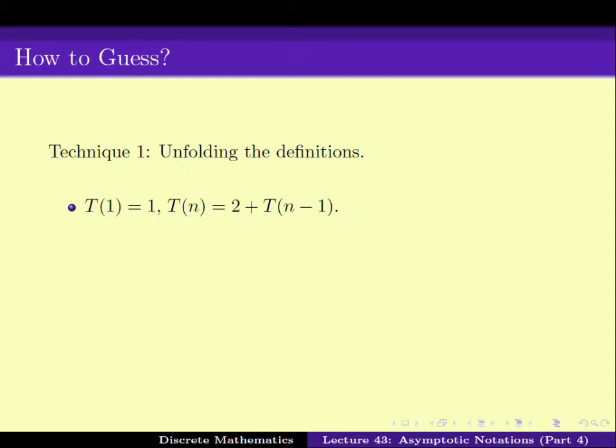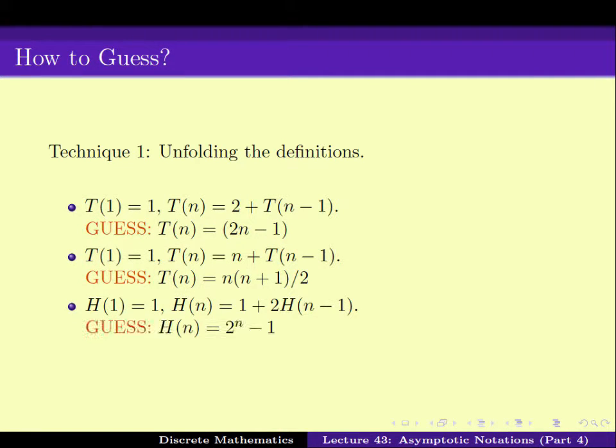You keep on doing this, and after some ith iteration, you will be able to get the thing into a proper form. We have seen how this technique works and helps us to guess for recurrences like this.